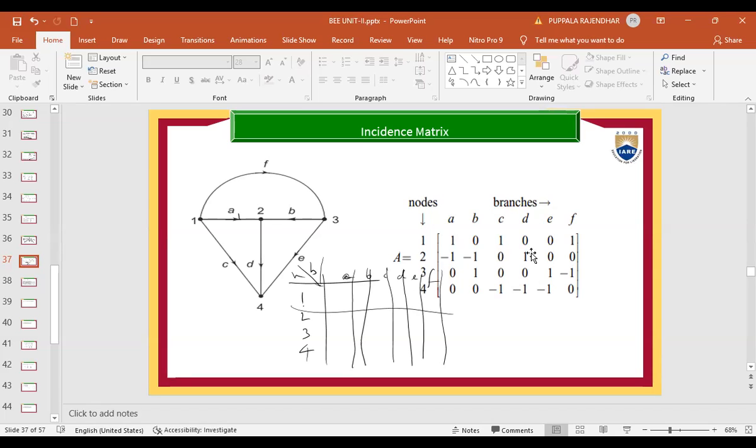Why? Moving away from the node. It's moving away from the node. Okay.